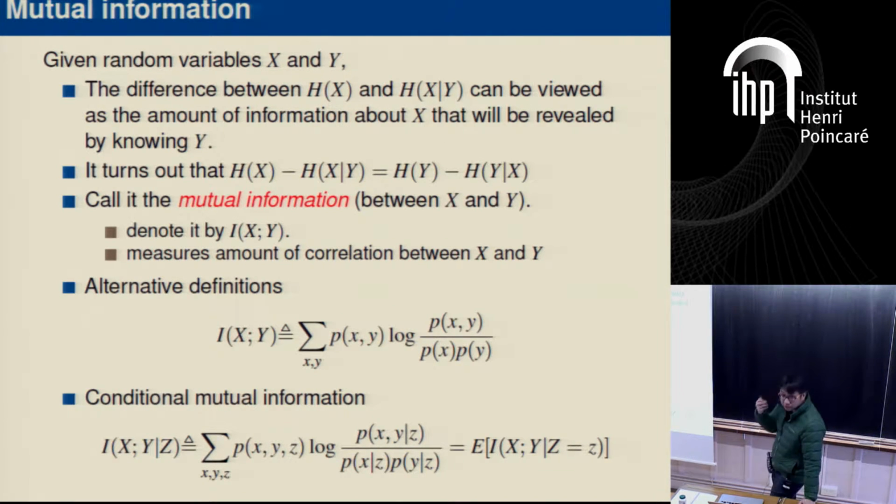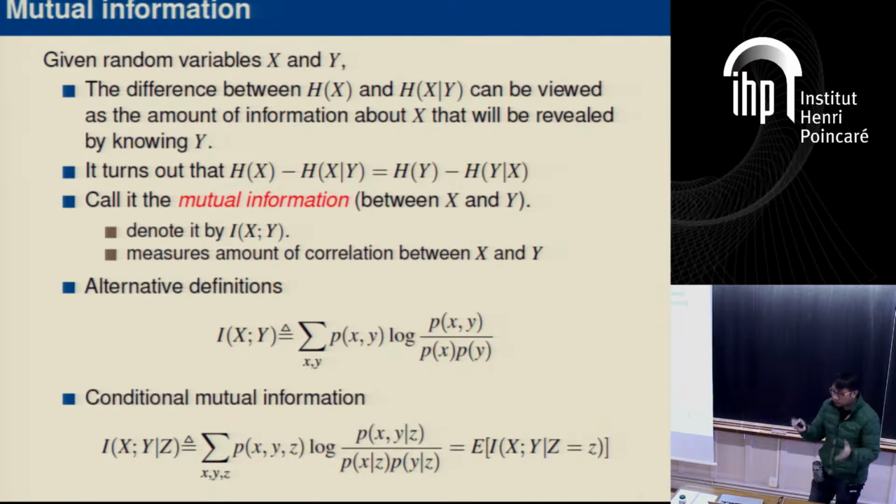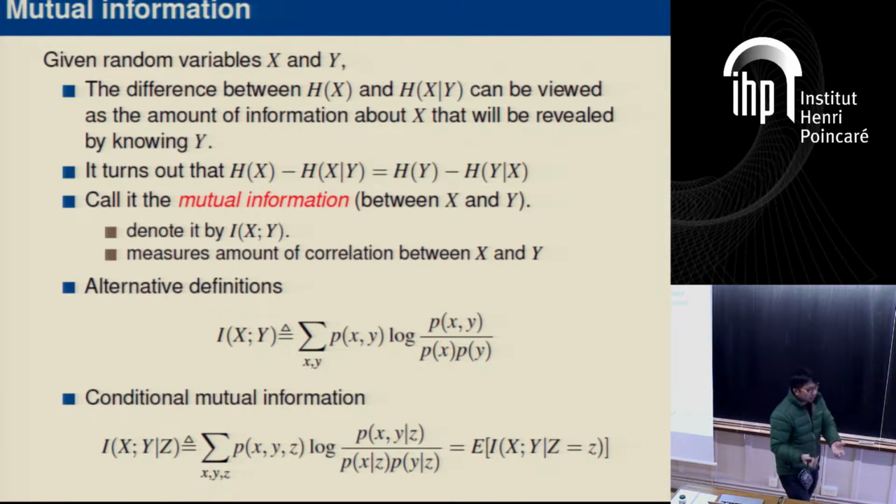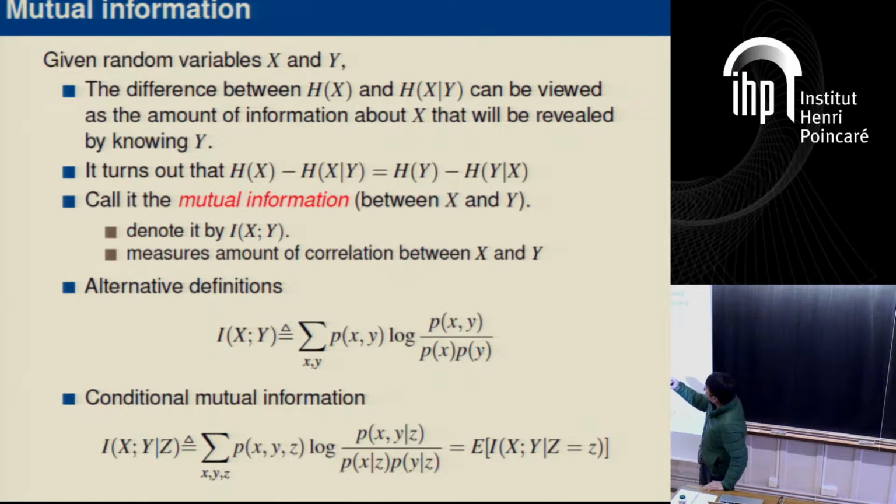H(X) is the uncertainty you have about X by itself, and H(X|Y) is the uncertainty you have about X after you know about Y. You can think about the difference between these two uncertainties as the amount of information about X that is contained in Y. So naturally we define that difference as the information about X that is contained in Y.